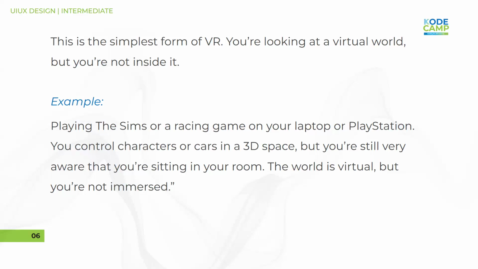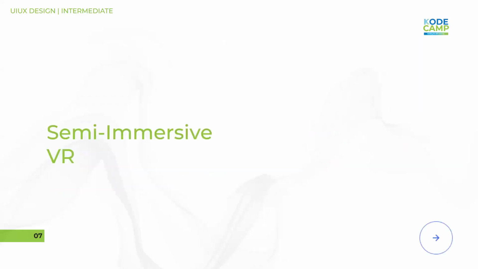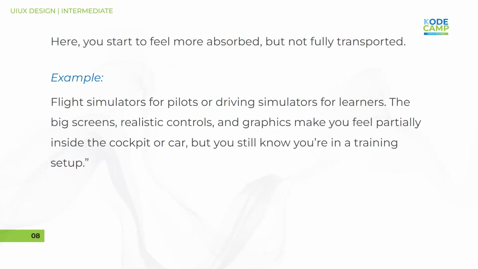Then if we take the next step to look at the second one, which is semi-immersive VR. This is where things start to feel more real, right? Instead of just a monitor, you might have large panoramic screens or high quality simulators that give you a partial sense of being inside the environment.